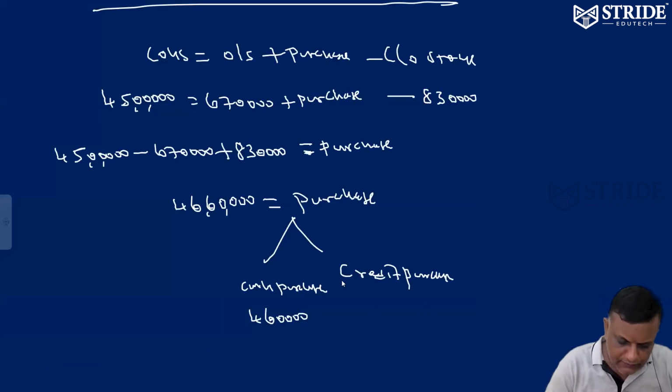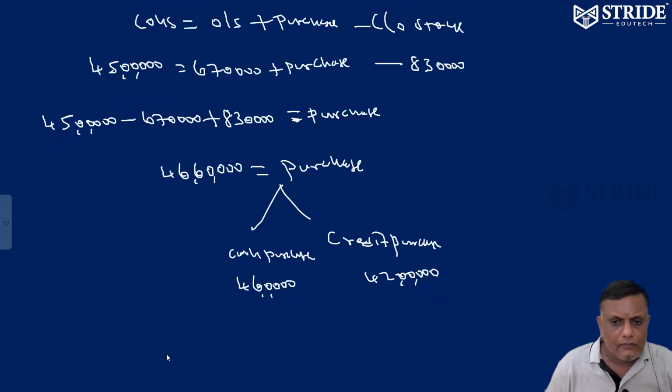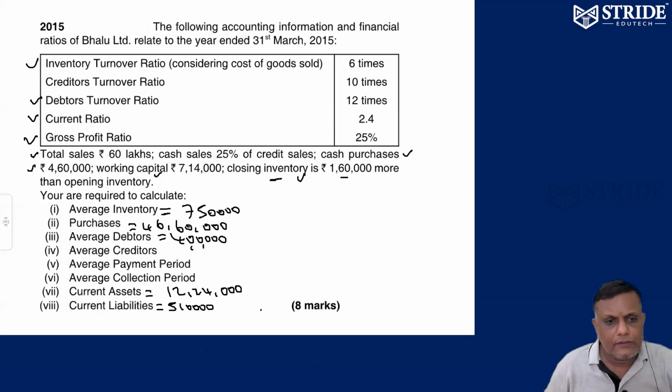Balance is credit purchase. So 46,60,000 minus 4,60,000, the balance is 42 lakhs. So 42 lakhs is credit purchase. That's it.